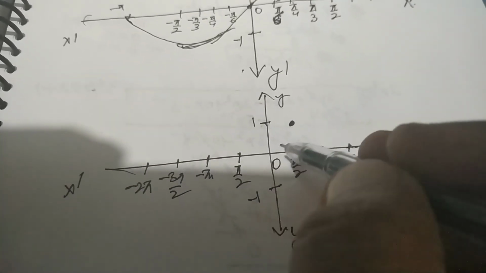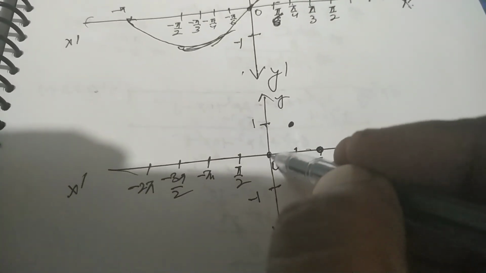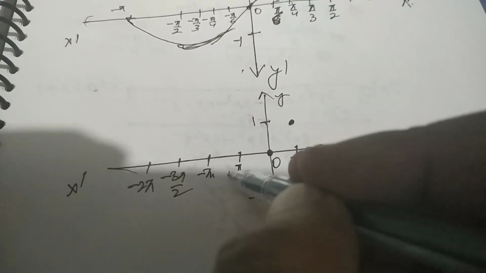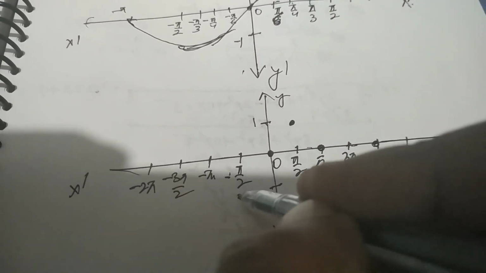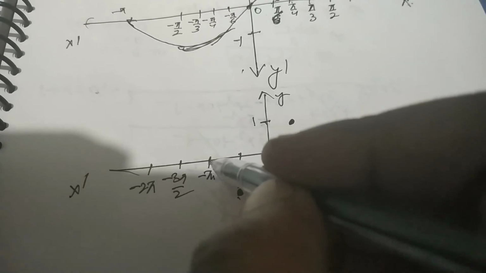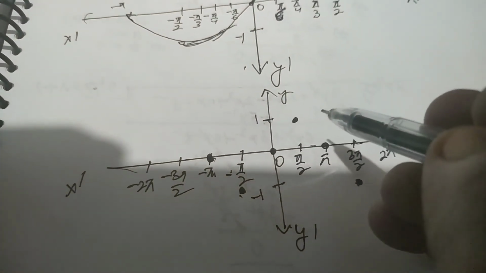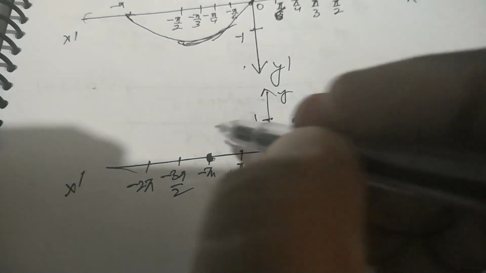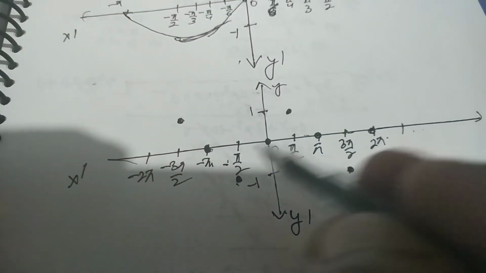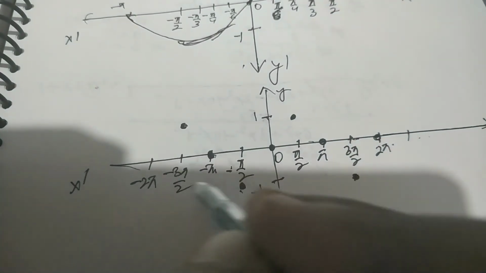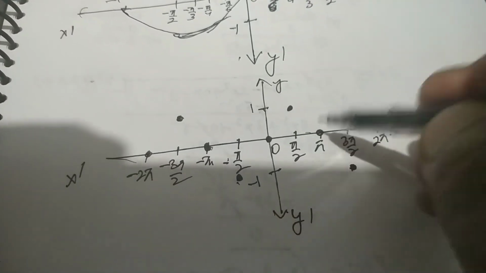Again the same on the negative side: at 0 it is 0, at minus π by 2 it is minus 1, at minus π it is 0, at minus 3π by 2 it is 1, and at minus 2π it is 0.